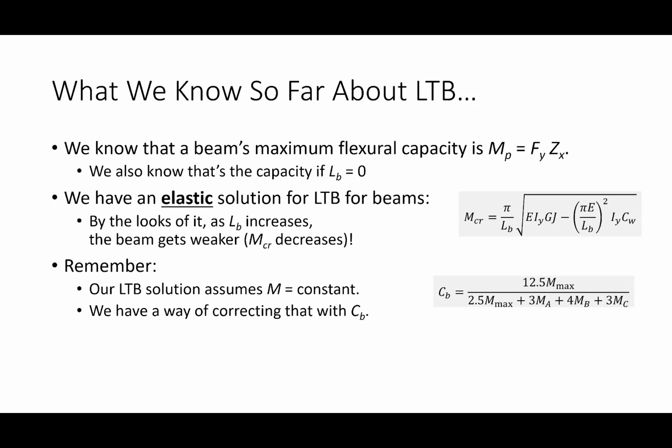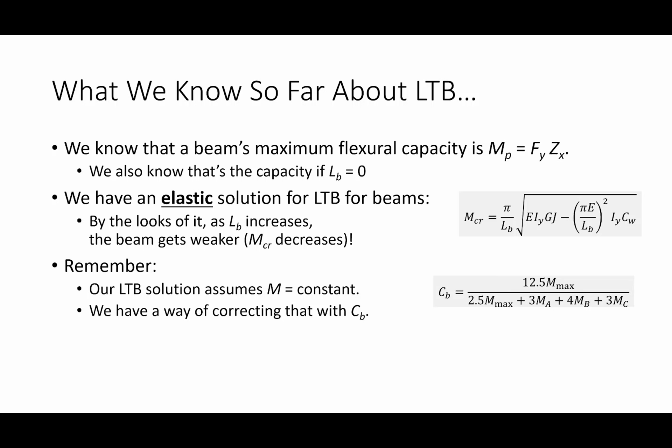Okay, so if I were to plot the capacity as a function of LB, on the x-axis we'll plot the LB, and on the y-axis we'll plot MN. We know a couple things. We know that right here at LB equals 0, this term is MP, which is just Fy Zx.